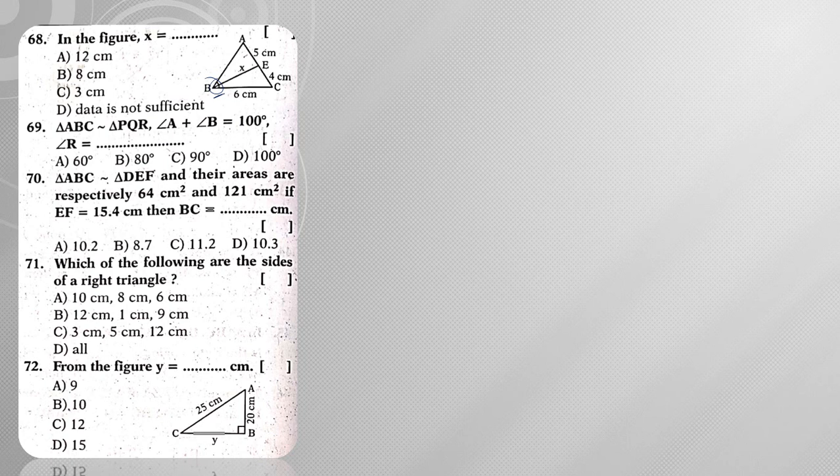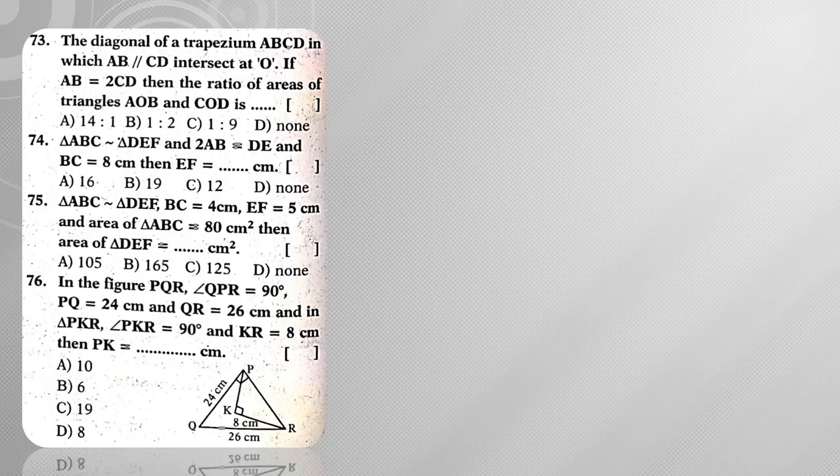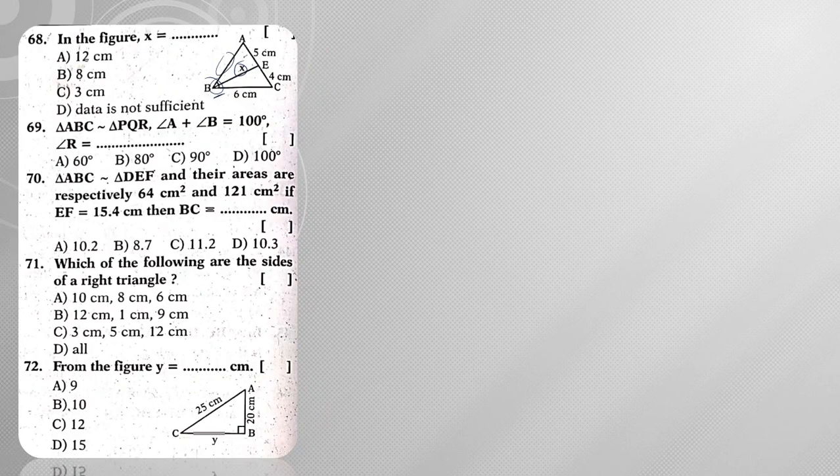Suppose I consider it an angular bisector, then we can find out the value of AB but not the value of x. So we cannot find the value of x here. There is no particular information clarifying what this particular symbol represents, so we cannot define anything here. Hence we can consider that the data is not sufficient.